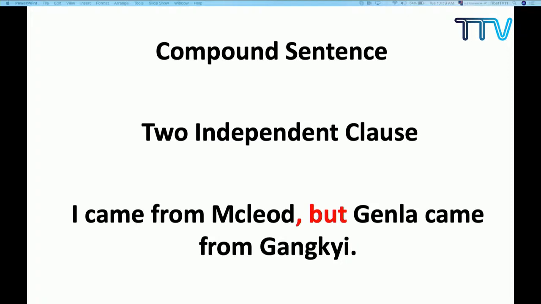What do we call the word which joins words, sentences or phrases? We call it a conjunction. What is the conjunction used here? But. So: I came from McLeod, but Kela came from Kanki. This is a compound sentence. You got it?